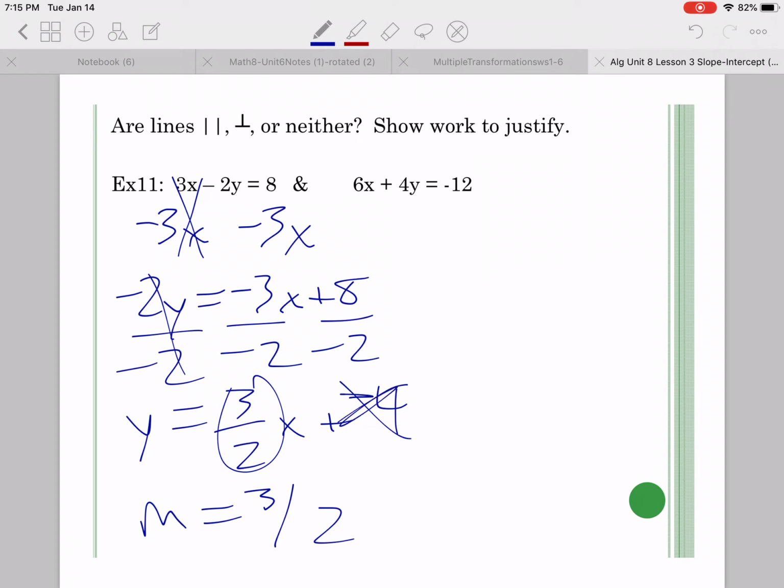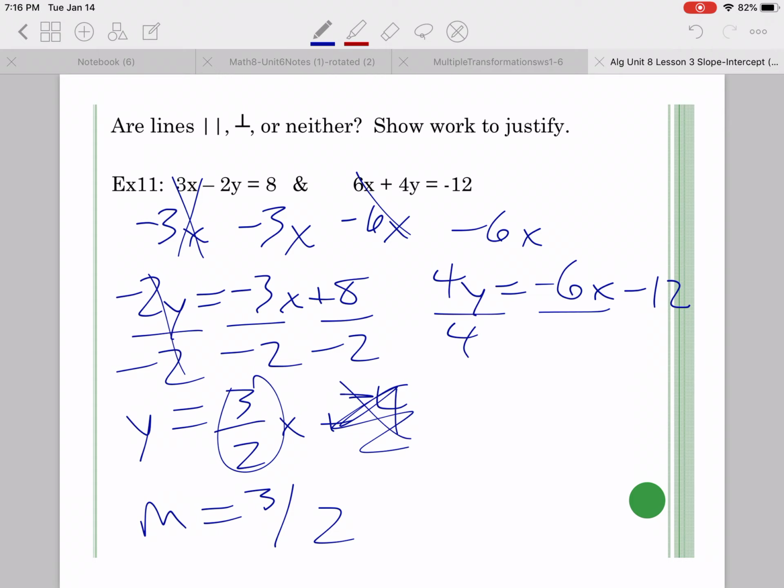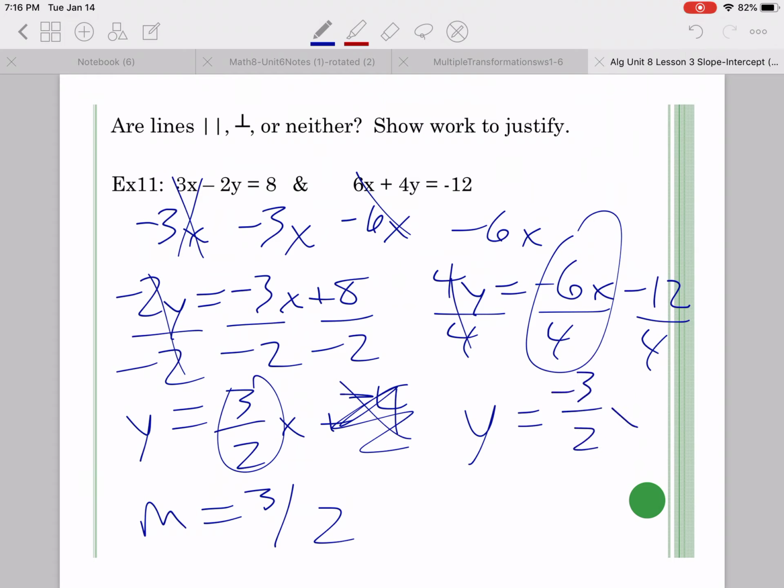The rest I don't really care a whole lot about, at least at the moment. Let's figure out the other equation. All right, reducing this, we're going to get a negative 3/2 x minus 3. Once again, interested in the slope.